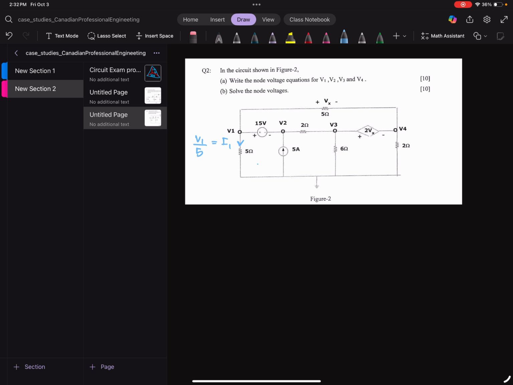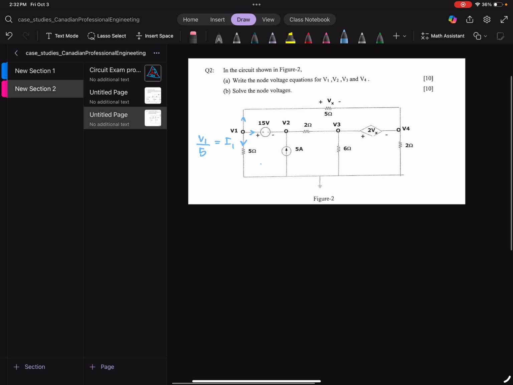Then through this node we have another current going in this direction, and these are just assumptions, just imaginary current directions. Then we have another current here. Let's call this one Ix, and Ix is exactly equal to Vx over 5 ohm, because it's the only current going through the 5 ohm.